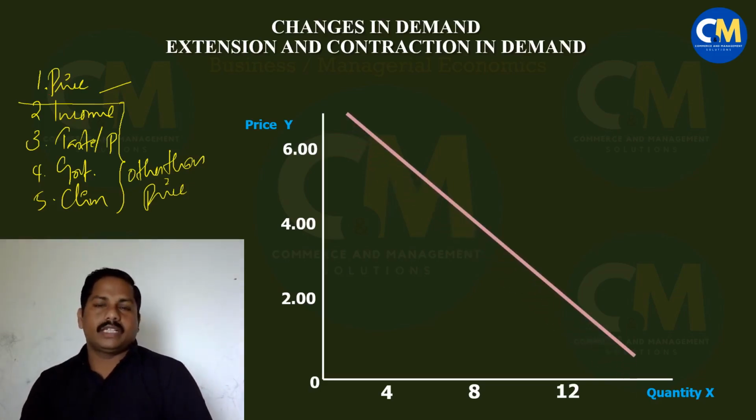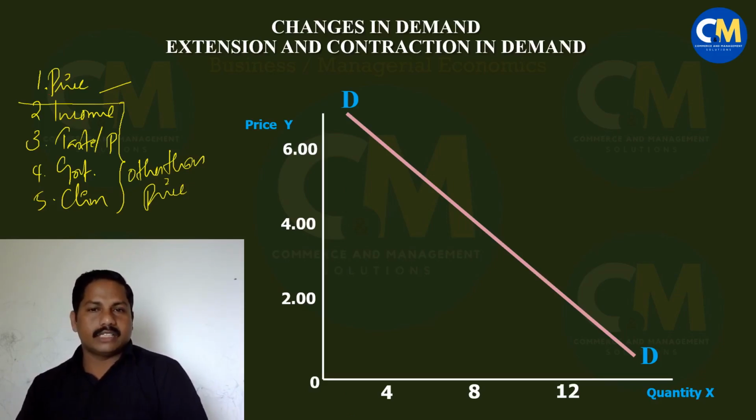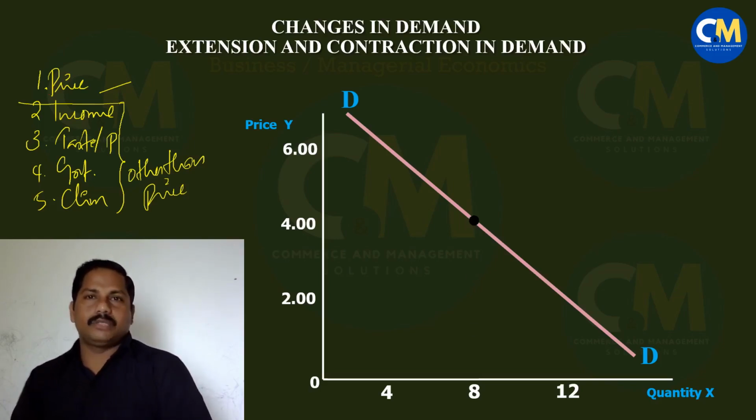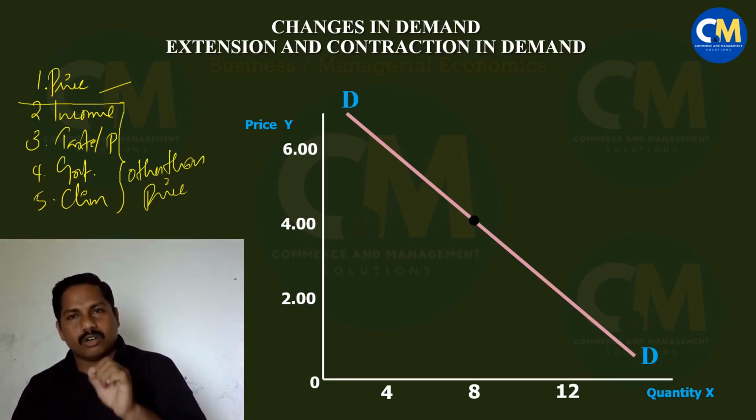We draw the demand curve and name it DD. To understand extension and contraction, let us take a particular point on the demand curve, here. What is the price and what is the quantity demanded at this point?